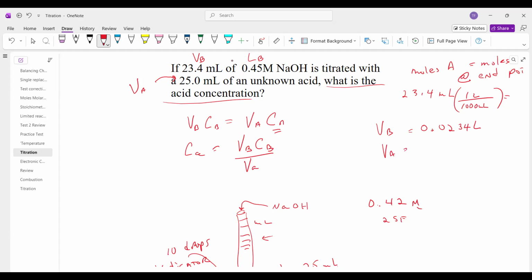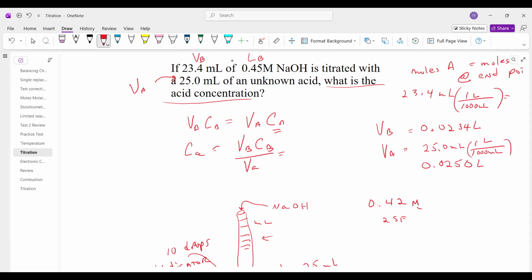Volume of the acid is 0.025 liters. Okay, so what's left over? Concentration of the base. That's 0.45. Okay, so we have all of our numbers.